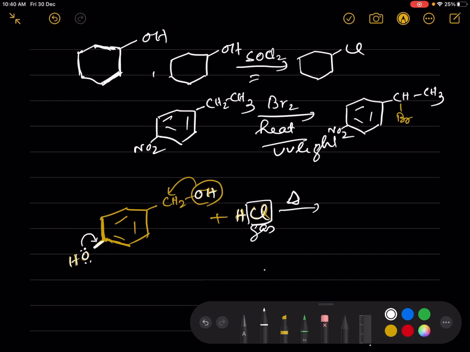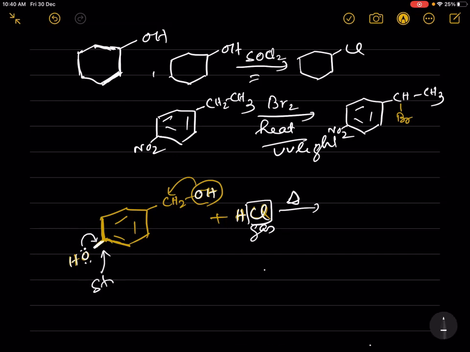But no resonance is possible over here. This is a simple sigma bond or single bond. So this OH can be replaced or substituted by this chlorine. So you are supposed to get OH, CH2Cl, and this OH with this H gives water molecule.